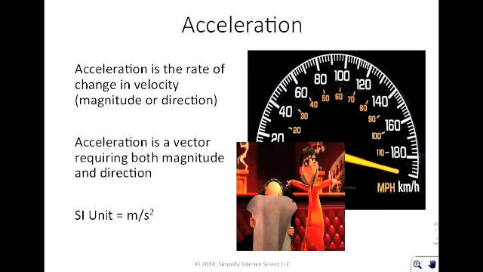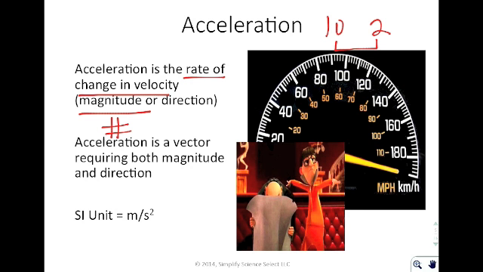Now, acceleration. Acceleration is the focus for this presentation. Acceleration is the rate of change in velocity, and it includes two parts, both magnitude and direction. Now remember, magnitude refers to the number. So whenever you have something like a 10 or a 2, those are examples of magnitude.